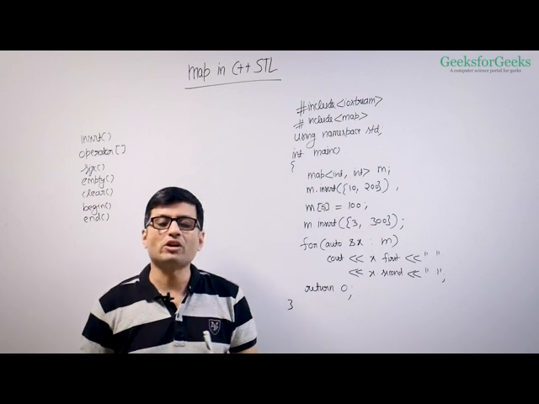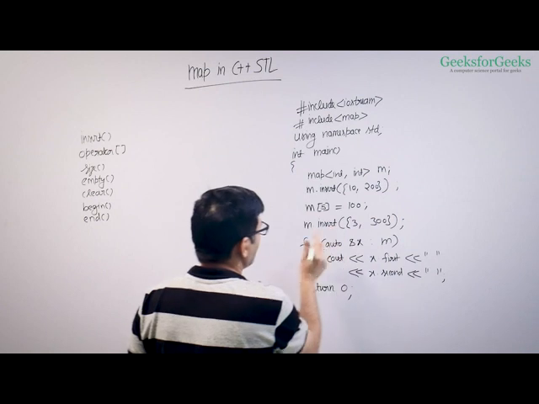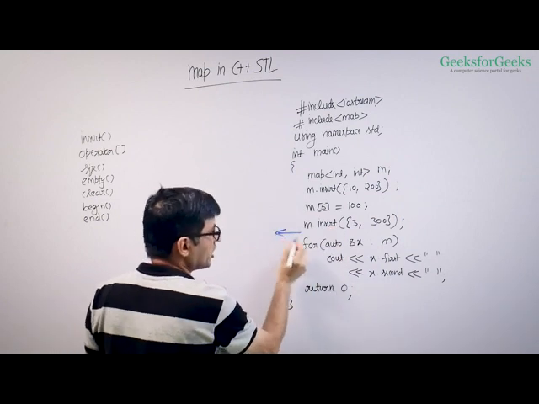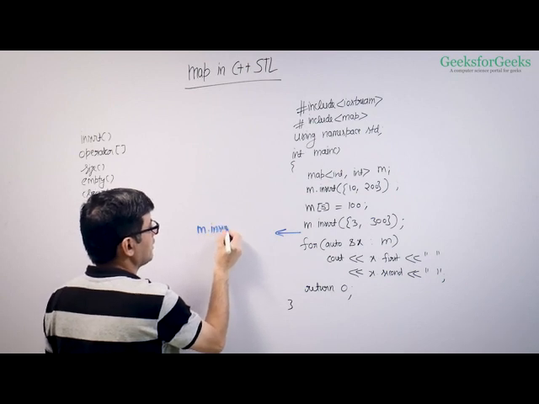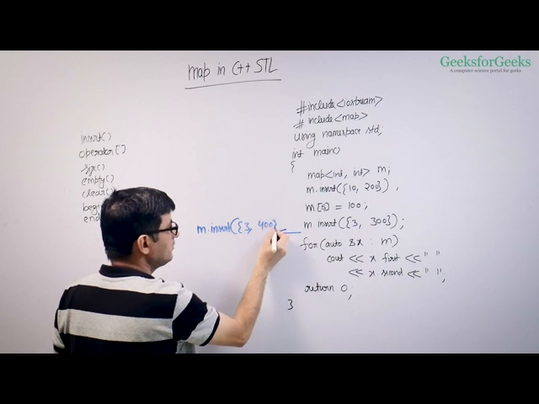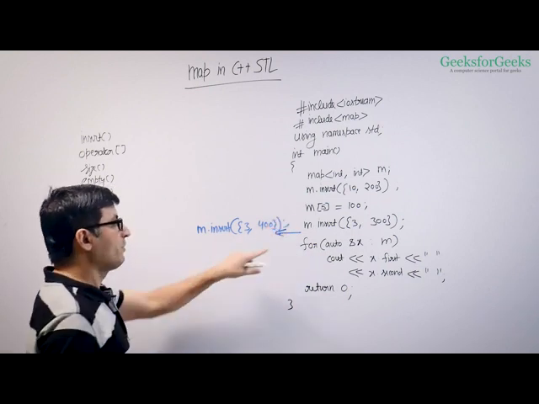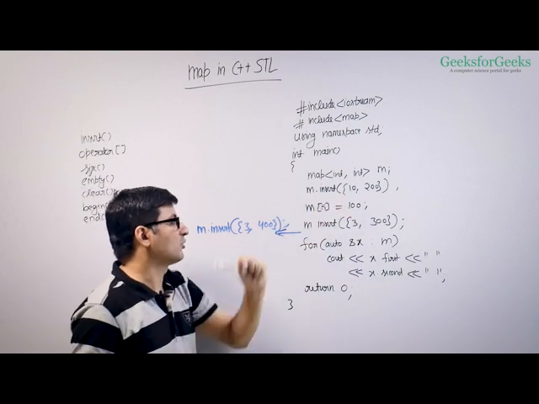Let us quickly talk about one more interesting fact. If a key is already there and if I call one more insert between these two, say I call m.insert 3 and 400, or maybe any other key which is present like 5 or 400, or 10 or 400.